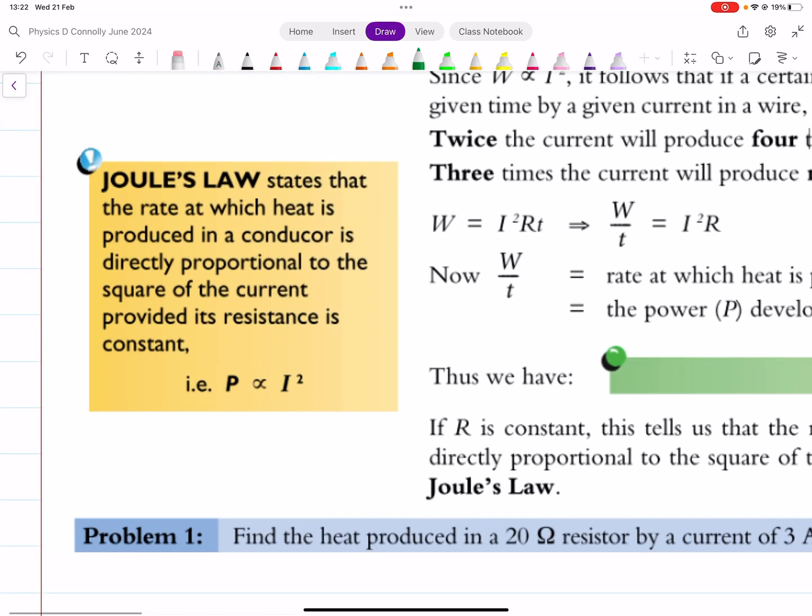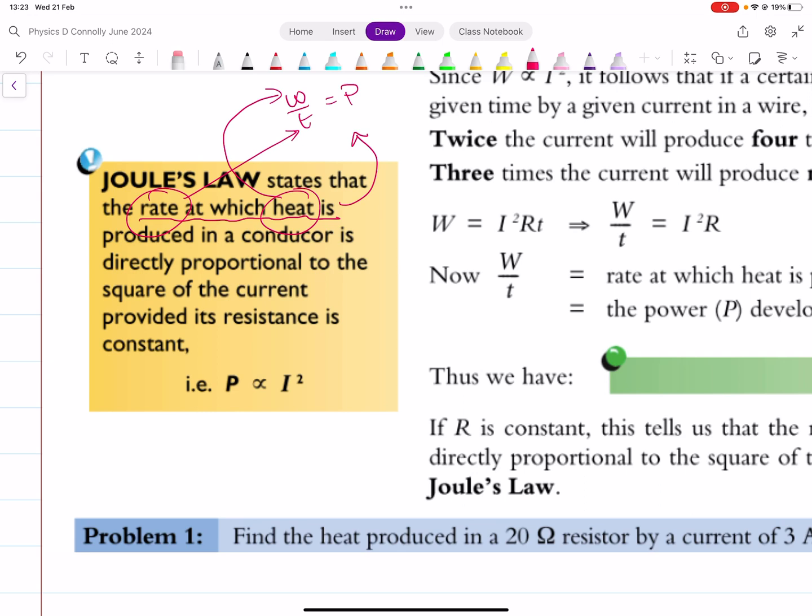Okay, it is over here somewhere. Here. So Joule's law states that the rate at which heat is produced, which is W over T, which is power. Yeah, so rate refers to time, and then your heat is your energy.